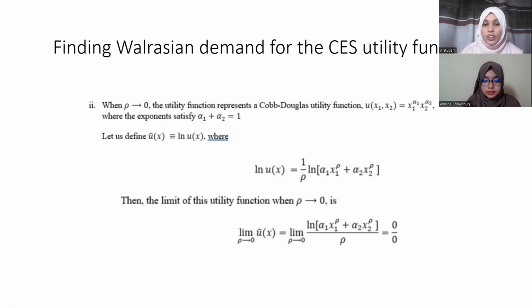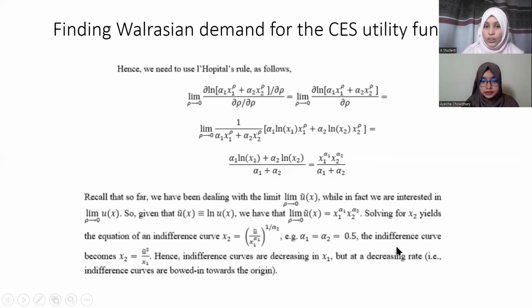Then the limit of this utility function when rho tends to 0 is the limit as rho tends to 0 of u tilde of x, which equals the limit of ln of alpha 1 x1 to the power rho plus alpha 2 x2 to the power rho, divided by rho, which equals 0 by 0. So in this case, we have to use L'Hopital's rule as follows.